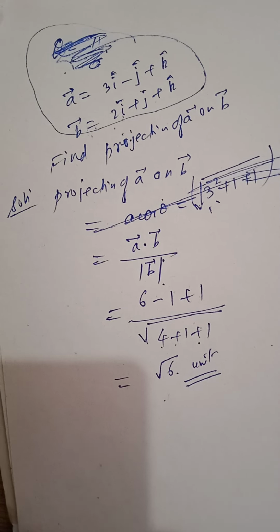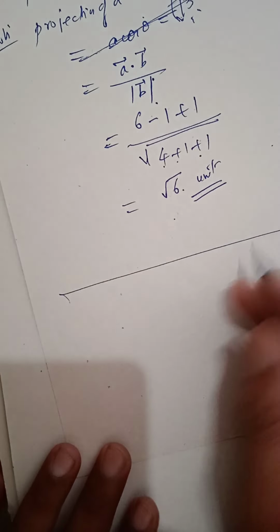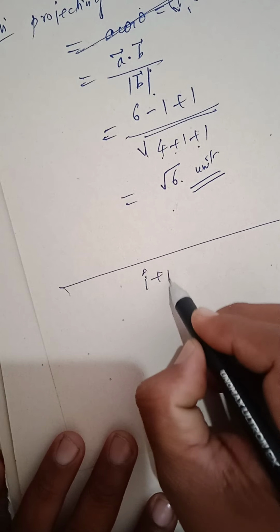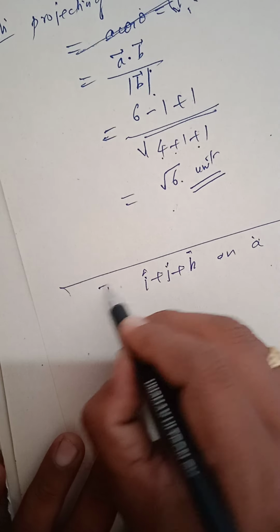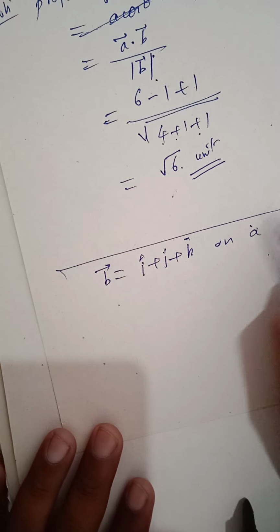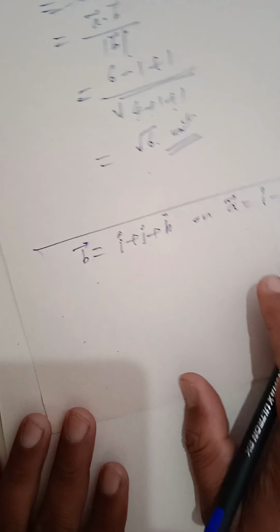So take another question. Find the projection of vector b, i plus j plus k, on vector a, say i minus j. How to calculate?